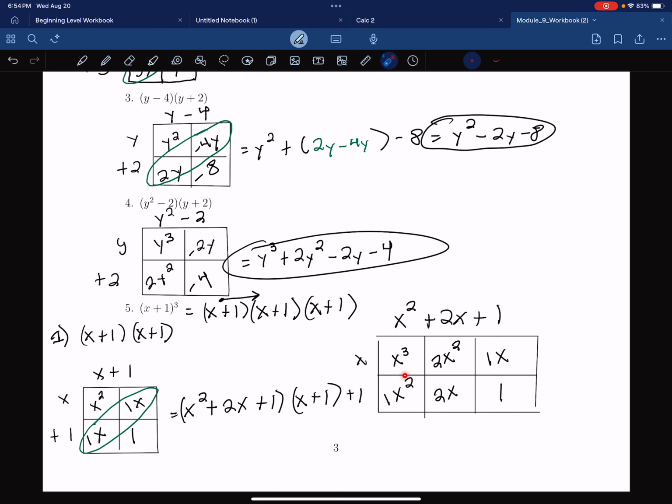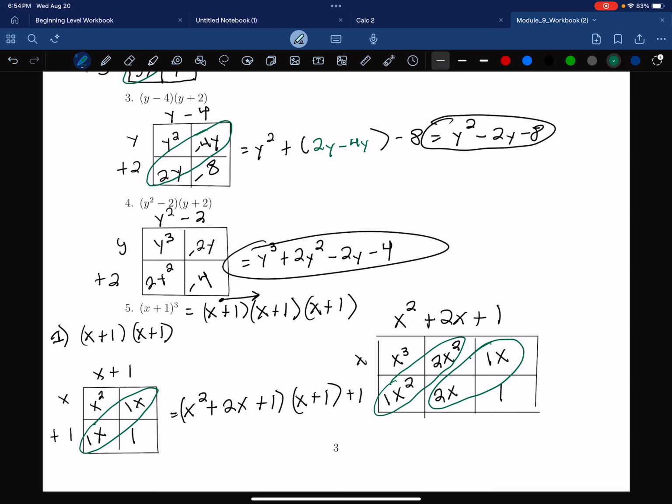Well, we have this here, 1x squared. So because we have those two terms that have x squared, we can combine them together. Now, looking here, we have a 1x. Do we have anything else in this box that has an x? Well, we have a 2x here. So we can also combine these two together. And then this one is just on its own.